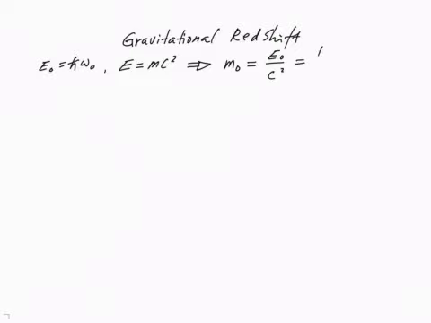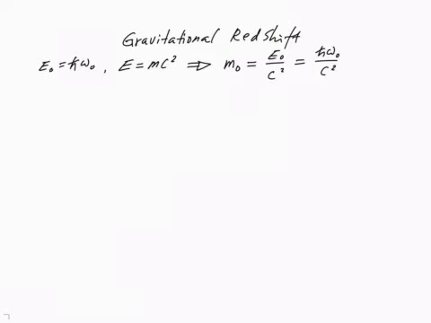In this particular case, it is h omega 0 over c squared. So that is the mass of the photon. Because c is very big and h is very small, this is a very, very small mass, hardly noticeable. However, according to Einstein's theory, E equals mc squared, so the photon must have this mass.